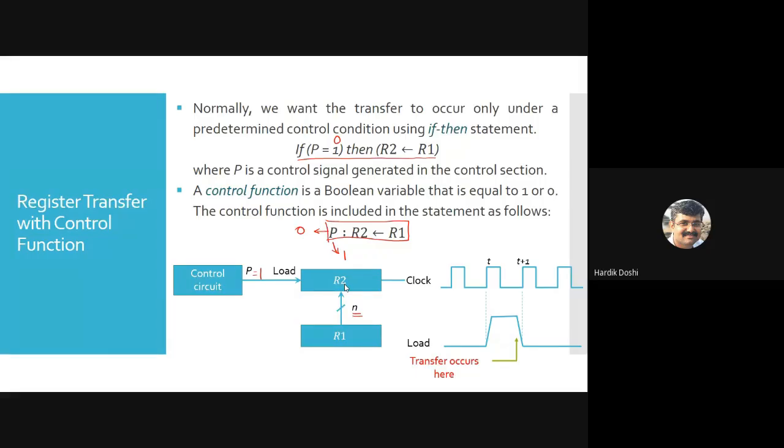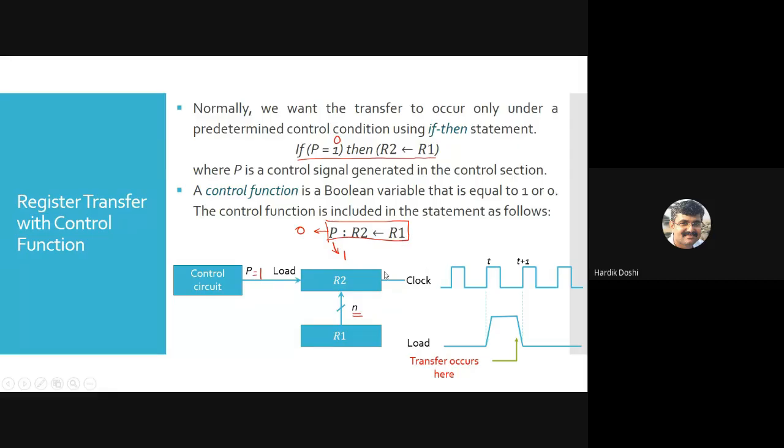So quickly revising it again, I want to transfer the content of R1 to R2 at some time t, and the value of P should be 1. So if P equals 1, then R2 arrow R1. It is denoted in symbolic notation as P colon R2 replacement operator, that is arrow R1.